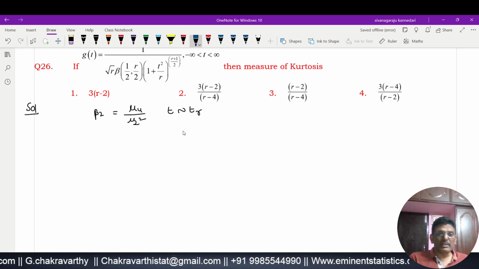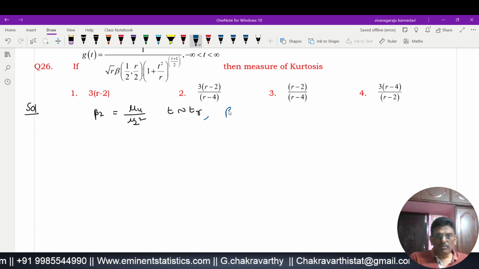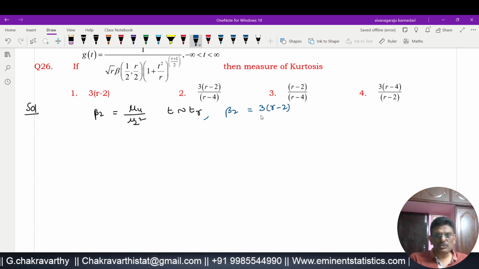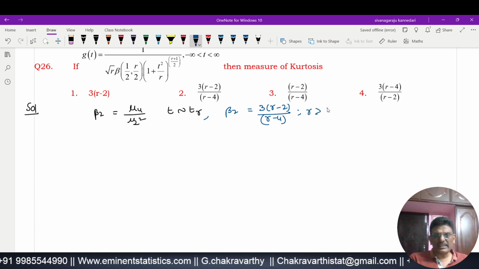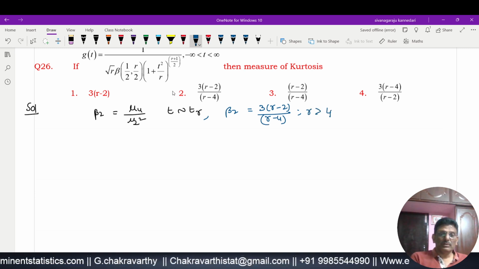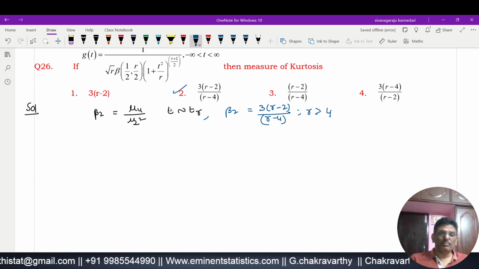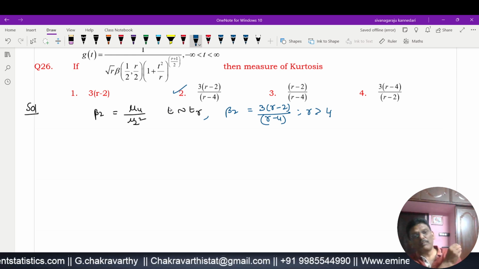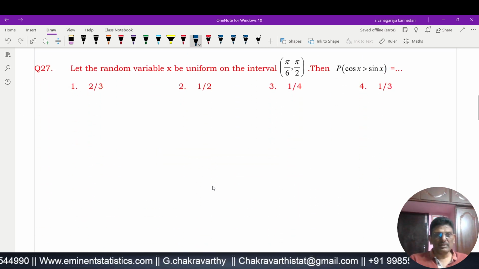By remembering the properties of the t distribution, the beta 2 formula is 3 into (r minus 2) by (r minus 4), where r is greater than 4. With the help of identification of the model, we can easily choose the best option out of 4. The 26th problem carries 4 marks weightage.